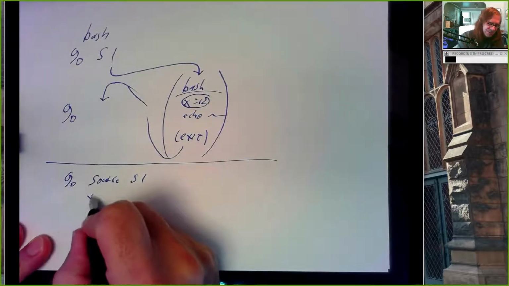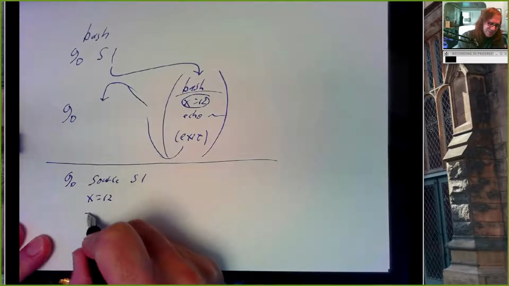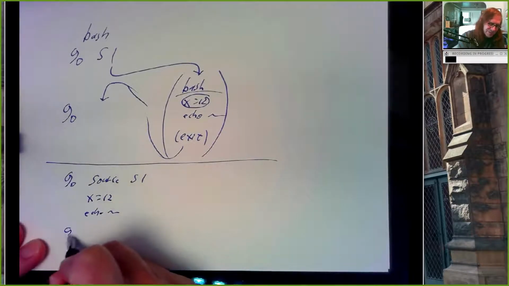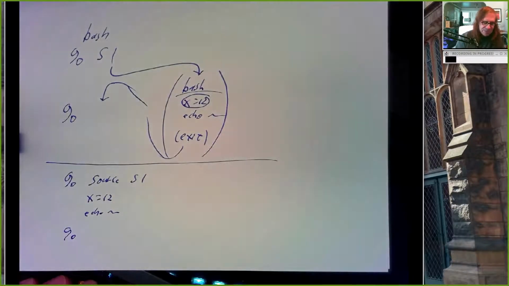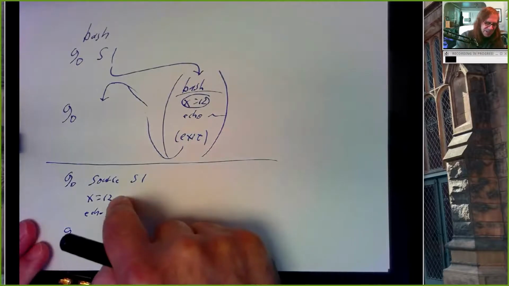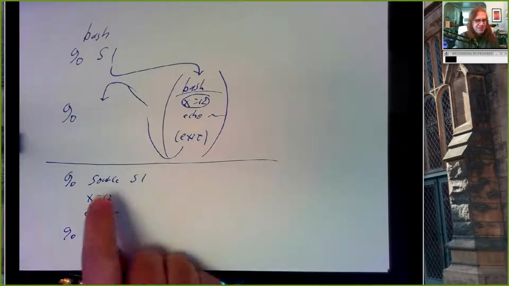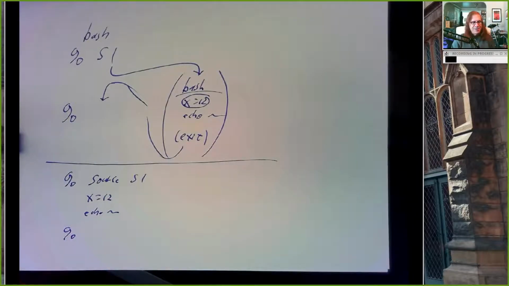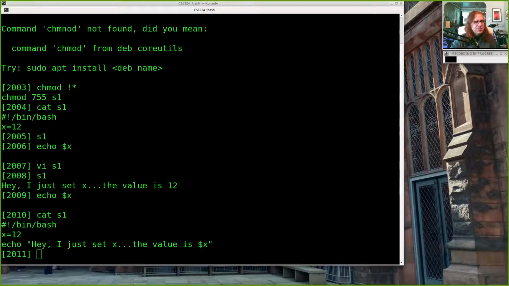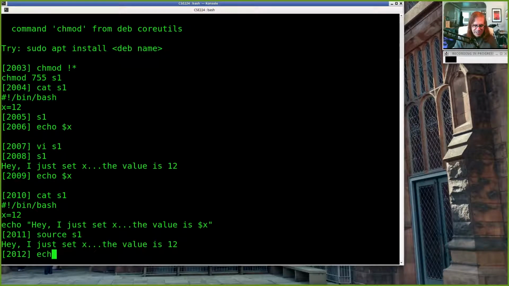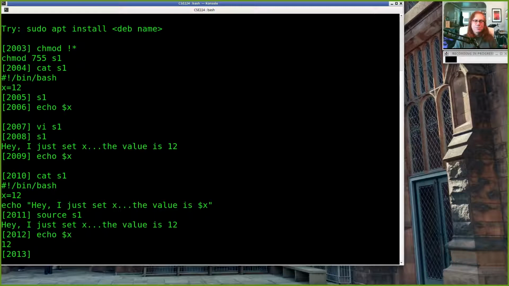So I'm going to execute x equals 12, echo all of this stuff, and then come back to a prompt. But since this happened inside my current Bash shell, if I look at the value of x after s1, it should have a value of 12. So I can say source s1, and now if I echo $x, it's equal to 12.